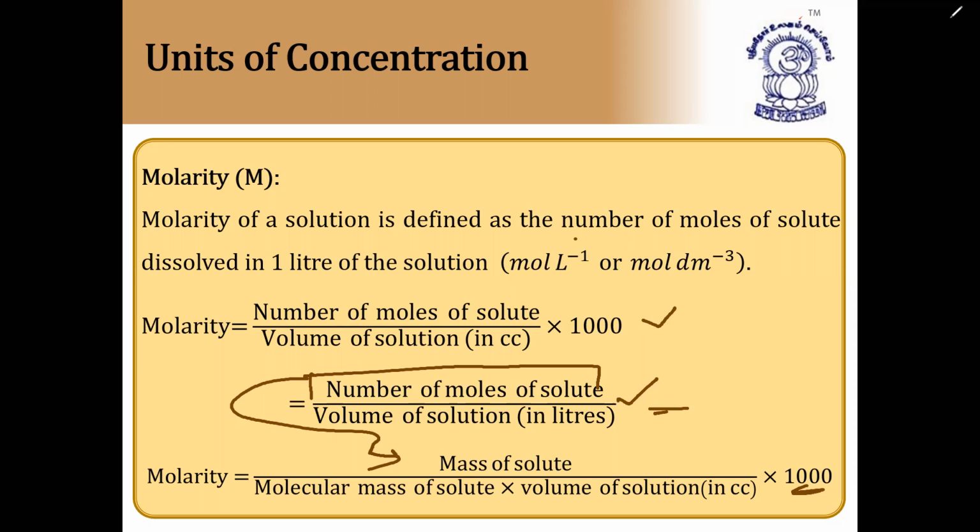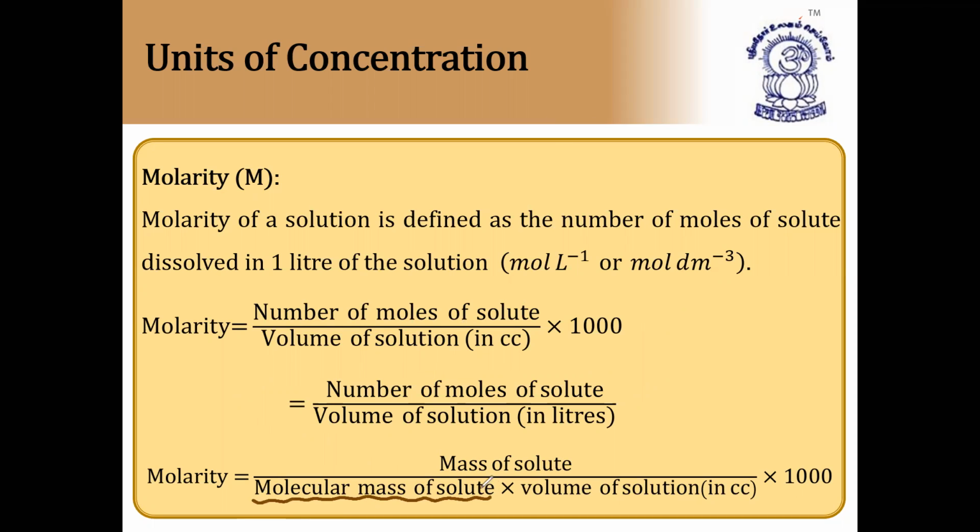Normality and molarity are the same. The only thing is, for normality, instead of using molecular mass of solute, we use equivalent mass of solute. So normality N, I am writing it separately. Normality N is equal to mass of solute, I'll write W, divided by equivalent mass of solute into volume of solution in liters.